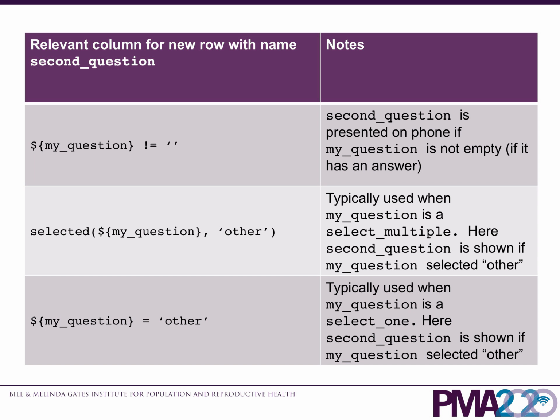Other is the name in the Choices tab. This syntax works for select one choices, but there's a simpler syntax for select one, and that's in the third row. We use the $ curly brace notation to reference my question, and then say equal and apostrophes with other.